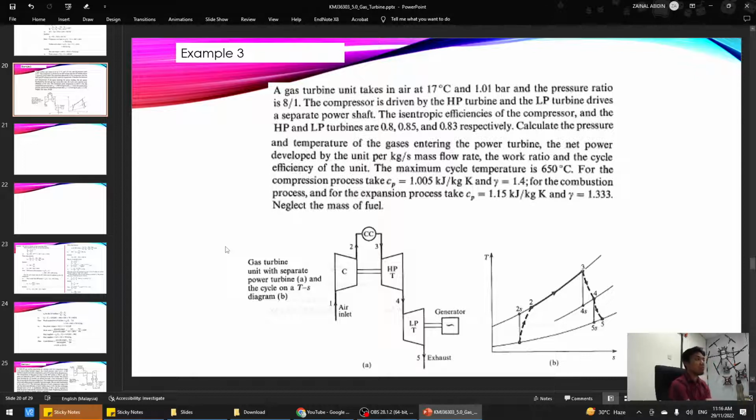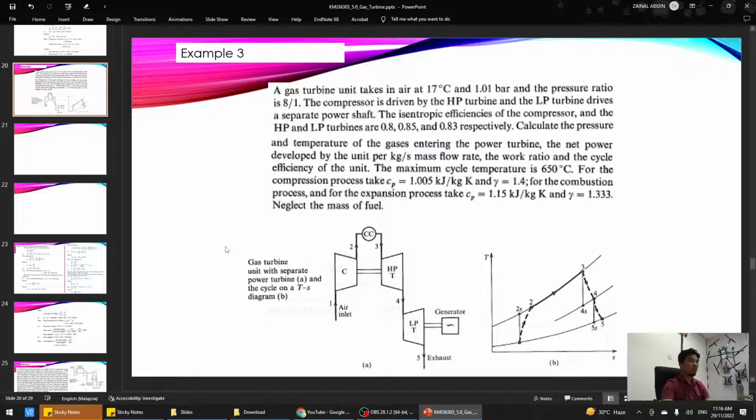A gas turbine unit takes 17 degrees Celsius air to the inlet of the compressor at 1.01 bar, and the pressure ratio is 8 to 1. Okay, kalau TS diagram yang dimaksudkannya seperti atas adalah seperti yang you nampak dekat figure B ni, figure B here.